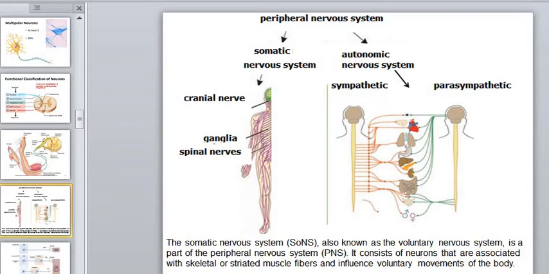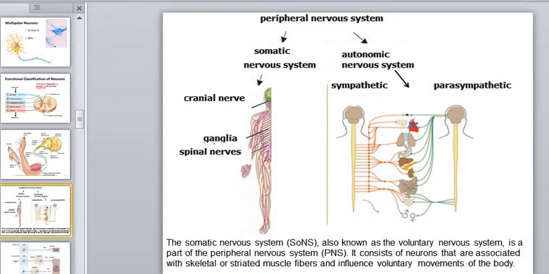Interneurons connect sensory nerve cells to motor nerve cells, as shown on the previous slide diagram. There can be more than one interneuron in a body.